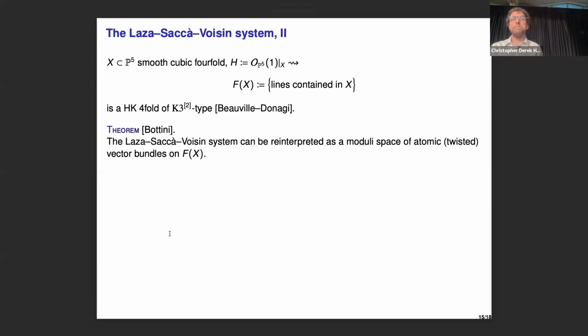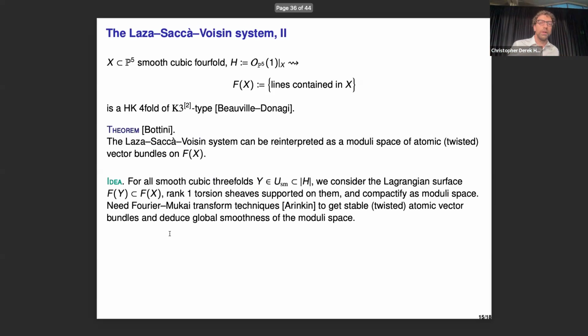And so now we are good to go, because now we have an interpretation of the smooth O'Grady example as a moduli space. And so we can apply, for example, techniques due to Eyal to study its cohomology and so on and so forth. And the idea, let me do it very quickly, works in general, as I was saying before. So I look at the Fano variety of lines, and I look at the surfaces. And in this case, it's very easy to find which surfaces I want to look at. I look at cubic threefolds, and I look at lines in the cubic fourfold which are contained in the cubic threefold.